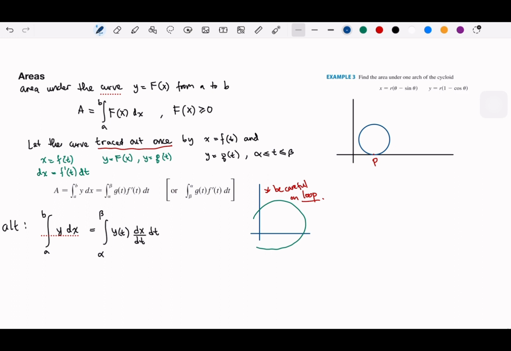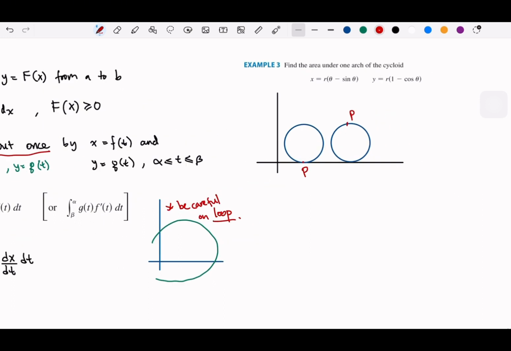Maybe sometime here, maybe if we go here, P is going here. And if you move again and again, your P will keep moving, and how P changes creates a trajectory. That's what we call the cycloid.